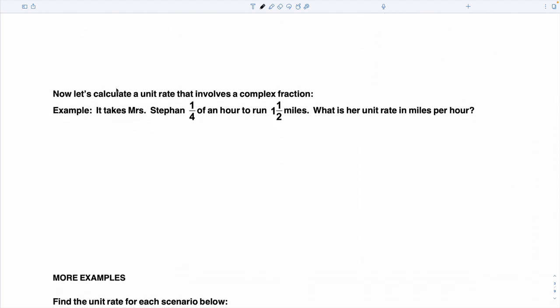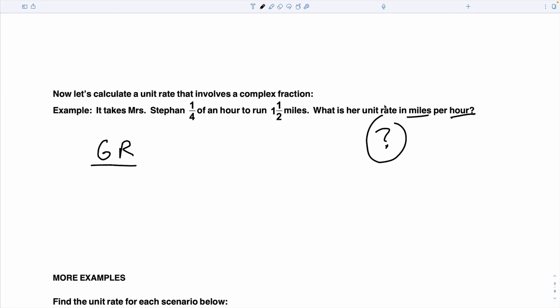So let's calculate the unit rate that involves the complex fraction in a problem we saw similar to yesterday. It takes Mrs. Steffen 1/4 of an hour to run 1.5 miles. That looks a lot like a given rate. What's her unit rate in miles per hour? Miles per hour.